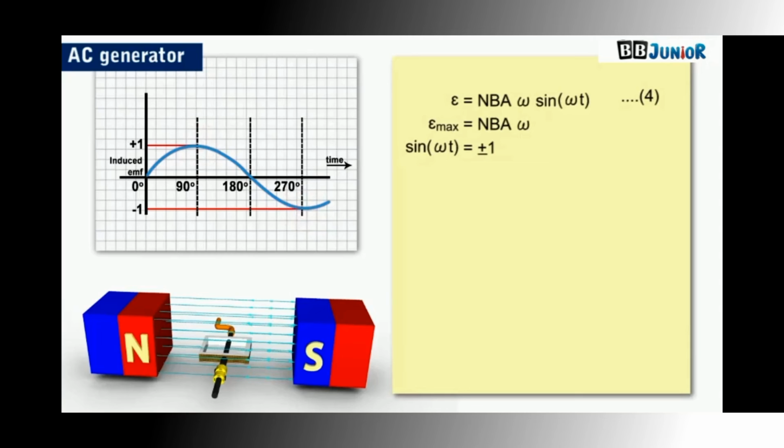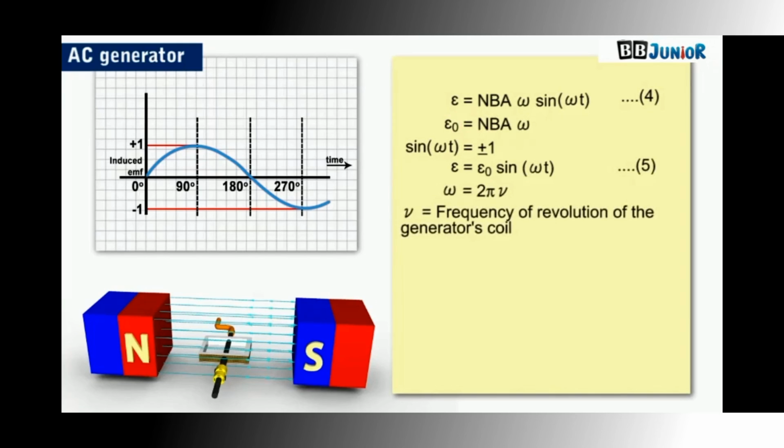Let us denote the maximum EMF, NBA omega, as E0. Then, the instantaneous EMF, E, is equal to E0 sin omega t. Let us label this as equation 5. We know that omega is equal to 2 pi nu, where nu is the frequency of revolution of the generator's coil.